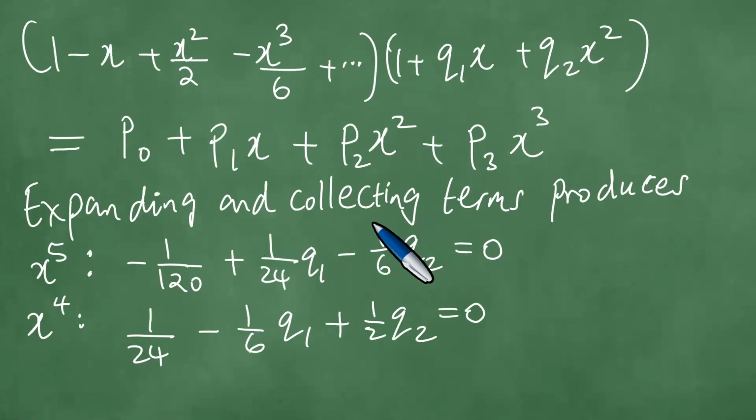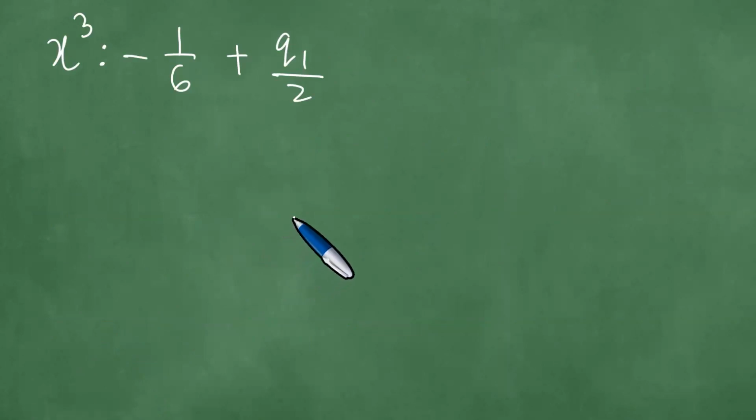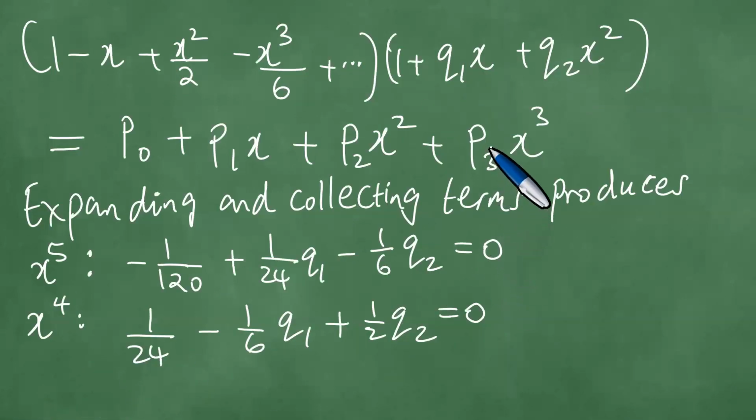Then there's going to be another x cubed that's going to rise from the multiplication of this square with the minus x, and that's going to produce a minus q2. But this one is going to be equal to the coefficient of x cubed on the right, because the highest degree is 3 on the right. So we're going to have P3 there.